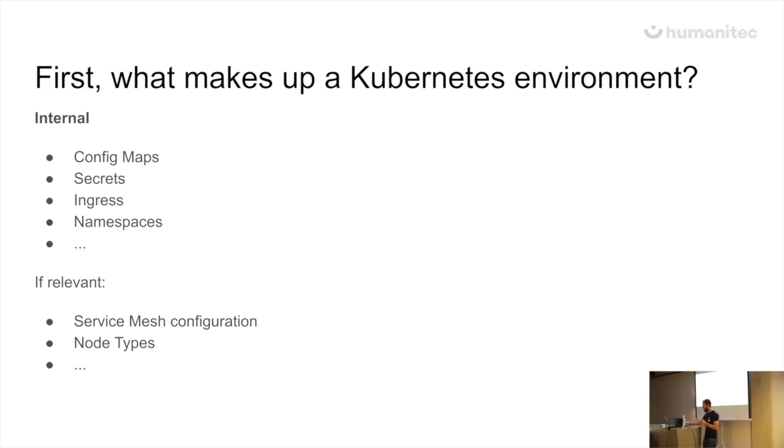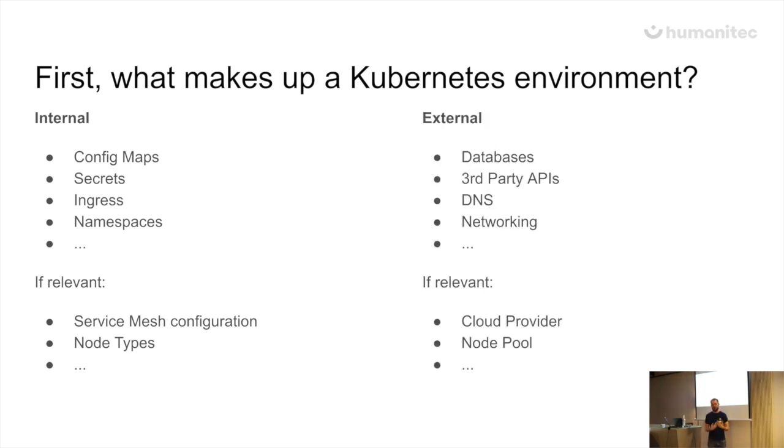Then we have a load of external things, which are generally not in your cluster. Not necessarily true, you can run databases in Kubernetes clusters, but in general, these are things which are probably running outside. So if you're on GKE, for example, you may be using Google Cloud SQL to host your databases. So that's not in your cluster. Things like networking, things like DNS, these are all things that are external to your cluster.